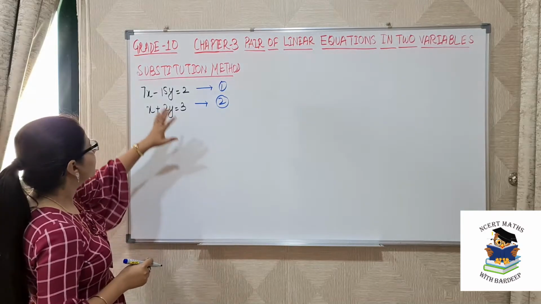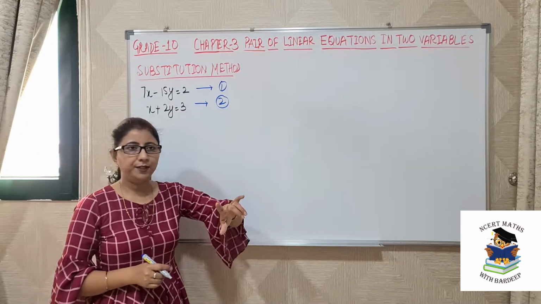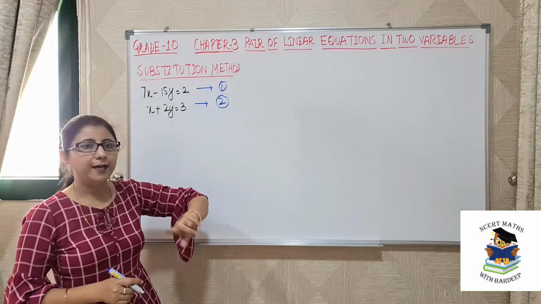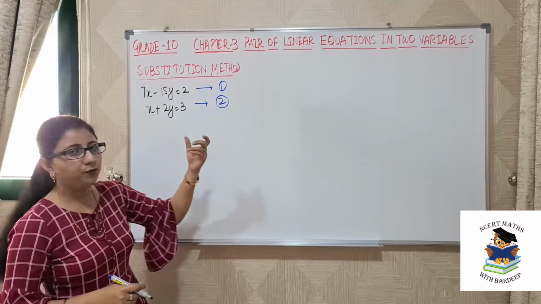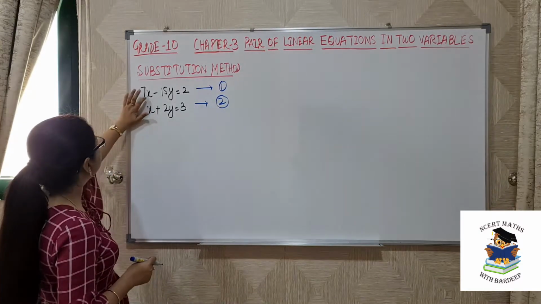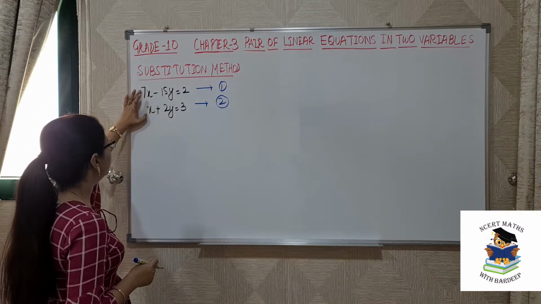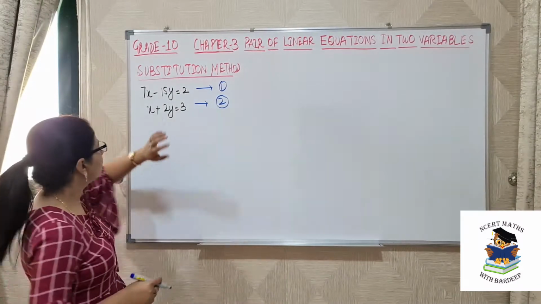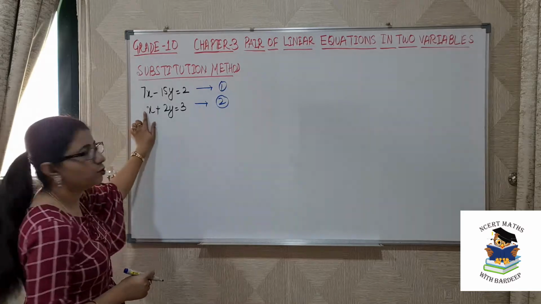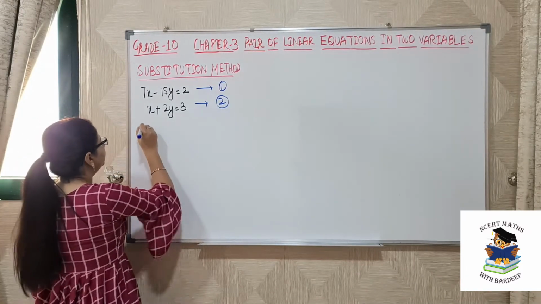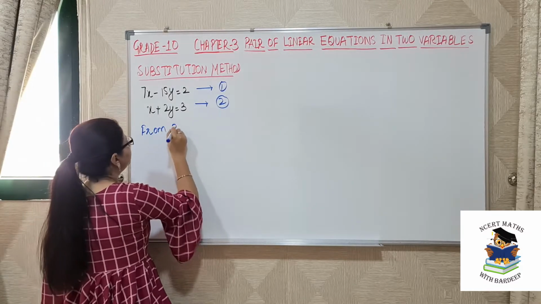So first step is find the value of one variable. You are free to use any one equation, but I prefer better to use that variable which has least coefficient. See here, coefficient of x is 7 and 1 and coefficient of y is 15 and 2. So I will use this because x is 1 here, so that it won't come in fraction. So what we will do, from 2.